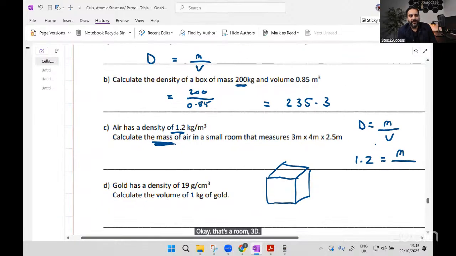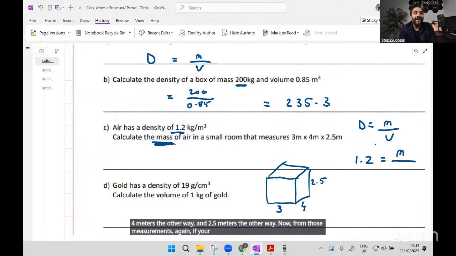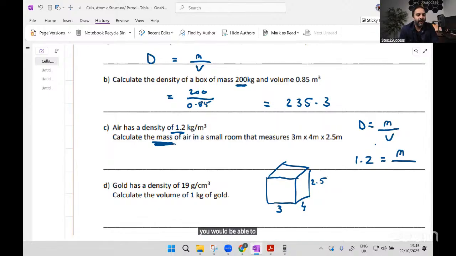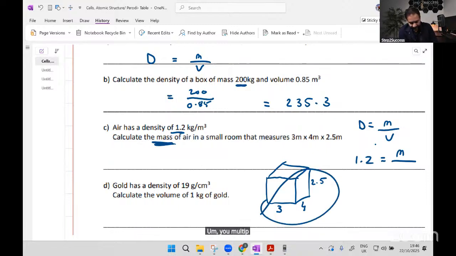It measures 3 meters one way, 4 meters the other way, and 2.5 meters the other way. Now, from those measurements, if your maths is all right, you would be able to tell me what the volume of that room is. Because it's a cuboid, I've made it like a cube, but it's a cuboid because of the measurements. You multiply the three lengths together.